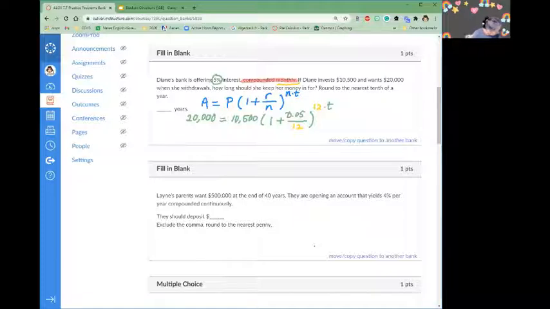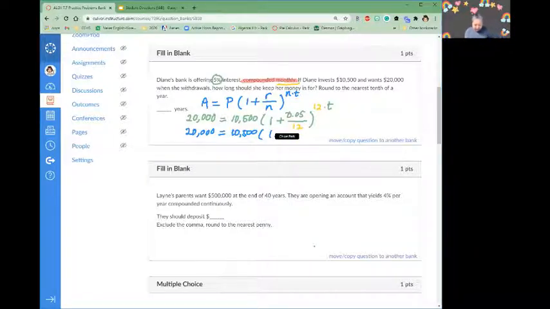So I calculated the number in advance. Then the next step, you're supposed to have, so inside it should be 1 point.